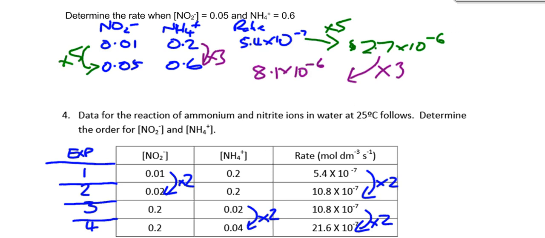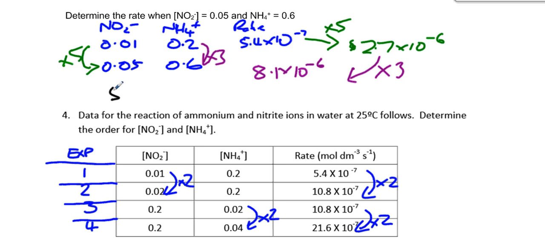Don't trust me. So what I've done here is do it in 2 steps. I've worked out the change of rate given that change in concentration. Then I've worked out that change in concentration and timesed it by the new rate from the first one. What I could also say is, well, I've got an increase of 5 there and an increase of 3 there.